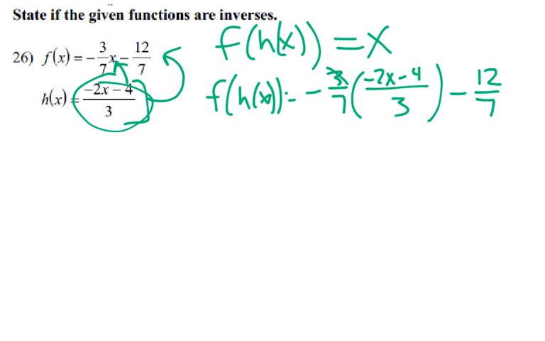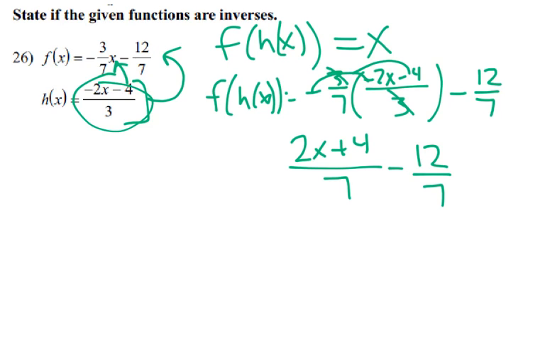So I multiplied 3 on top, 3 on the bottom, they cancel out. Negatives and negatives cancel out. So I multiply across, and we get (2x plus 4) over 7 minus 12 over 7. Okay, now we can simplify that to be (2x plus 4 minus 12) over 7.